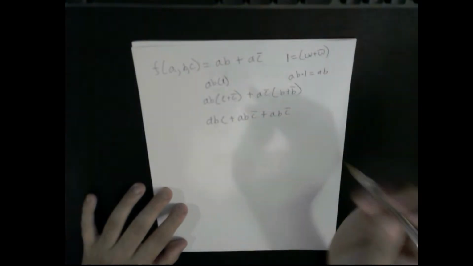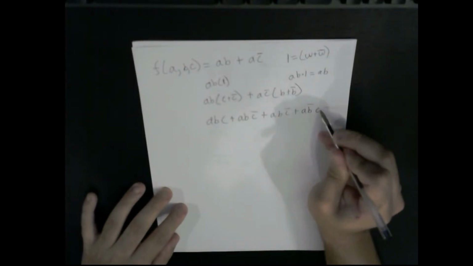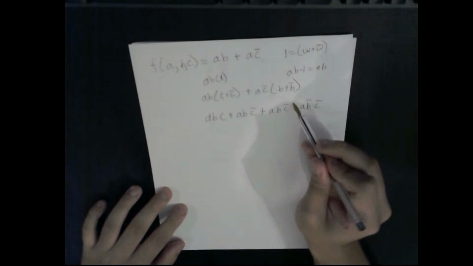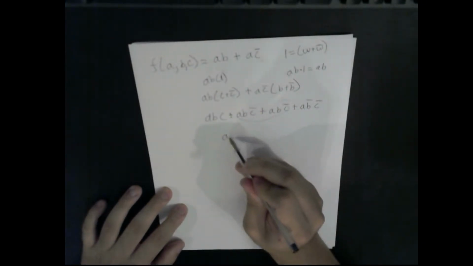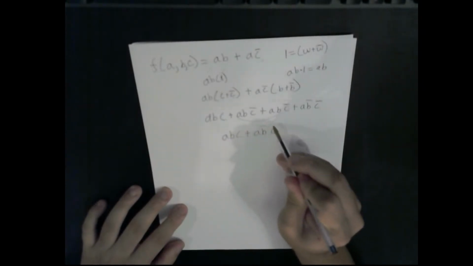I get the same term there, plus AB naught C naught. And these are duplicate terms right here, so I don't really need these. So our expanded form of this expression is going to be ABC, ABC naught, like this. So this is going to be in the canonical form that we're talking about, the most expanded sum of products we have for this. So give me a minute, and we'll do one more quick example with this.